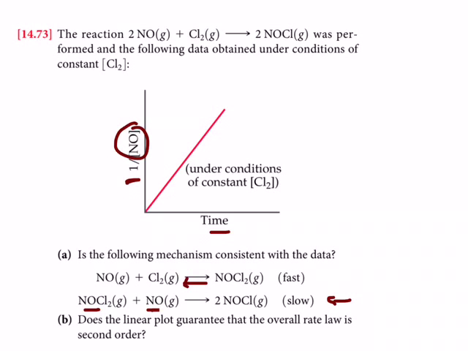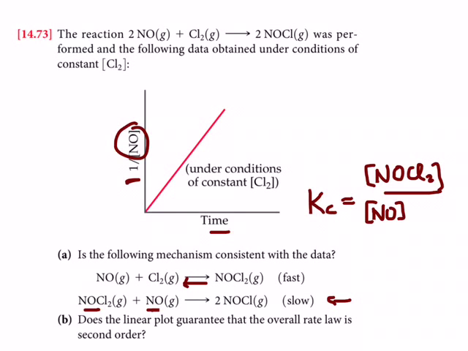then we remember that you could, for the first step, write the equilibrium expression, Kc would equal the concentration of the product, which in this case looks to be an intermediate, so NOCl2, over the concentration of the reactants, and everything here is raised to the power of their coefficients. So over NO concentration times Cl2 concentration.